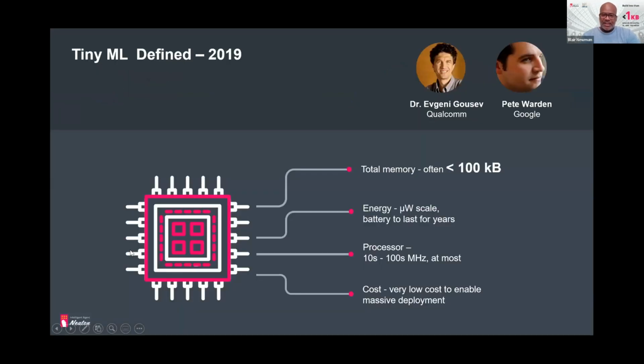So if we take a step back to a few years ago when TinyML began to be defined, I'm sure all of you know some of the key players in defining TinyML and getting the TinyML organization going. They laid out a number of key criteria they wanted to check the box on: the amount of total memory used, power consumed, the amount of processing available, and of course the overall cost.